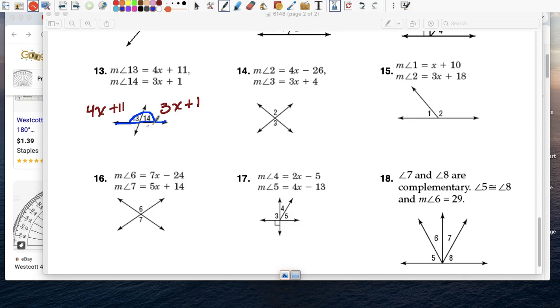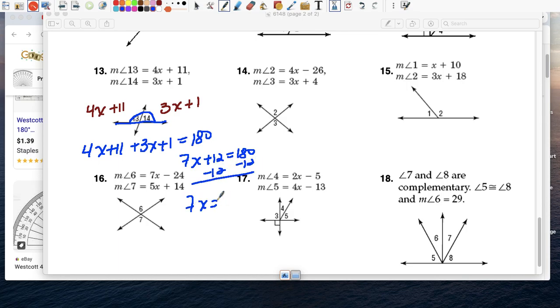So I know that the two together equal 180. So I can say 4x plus 11 plus 3x plus 1 equals 180. 4x plus 3x is 7x. 11 plus 1 is 12, right? And then we're going to do minus 12, minus 12.